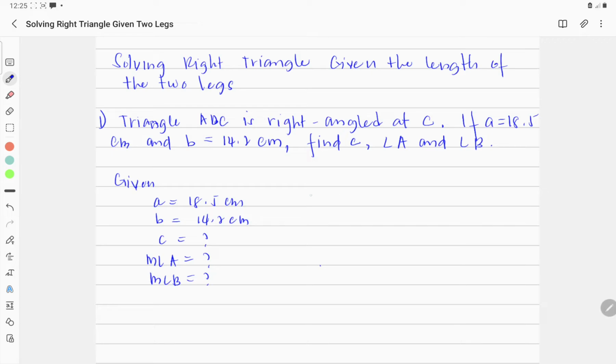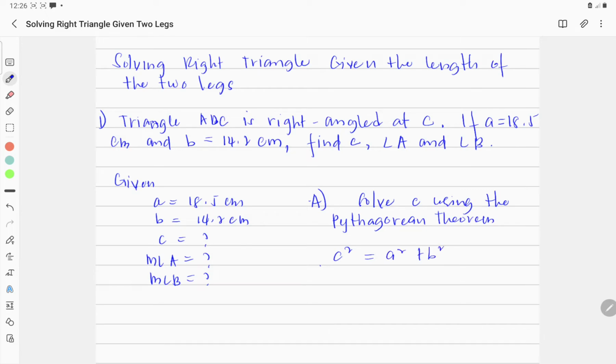So our plan here, because our triangle is a right triangle, is to solve C using the Pythagorean theorem. The Pythagorean theorem states that the square of the hypotenuse is equal to the sum of the squares of the two legs.